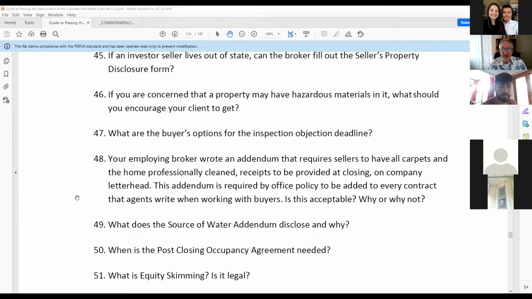So you don't have to wait till the house closes. That's not dual agency. Remember, dual agency is when you're the agent for the buyer and the seller in the same transaction. But I can be the seller's agent, put them under contract, and then start showing them homes, representing them as the buyer's agent. That's not dual agency. I'm in two separate transactions.